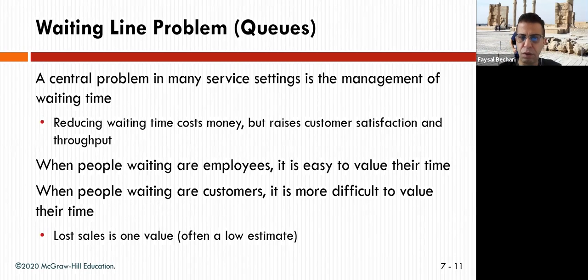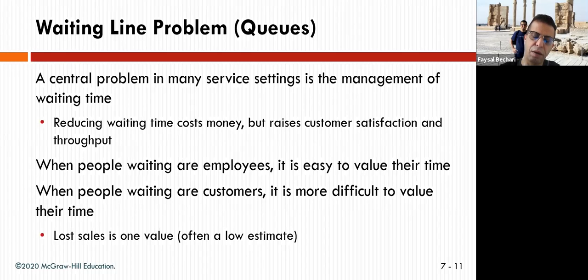A central problem in many service settings is the management of waiting. We need to minimize the waiting overall and at the same time minimize service providers, because more service providers means more cost.